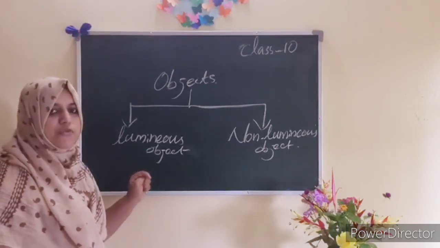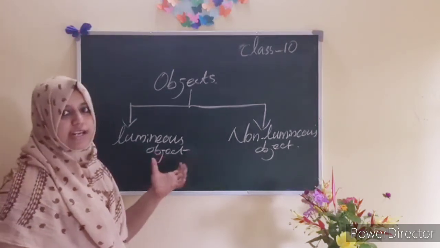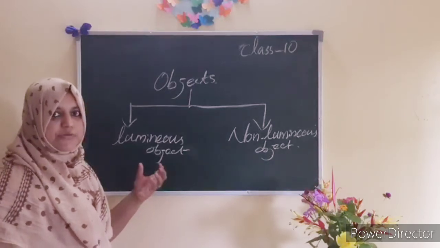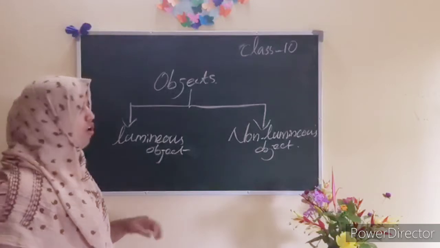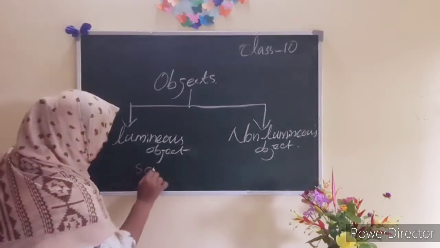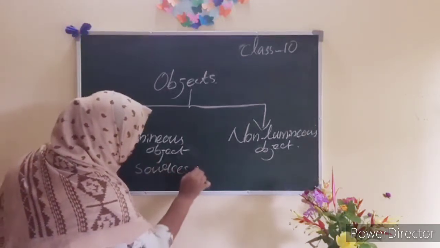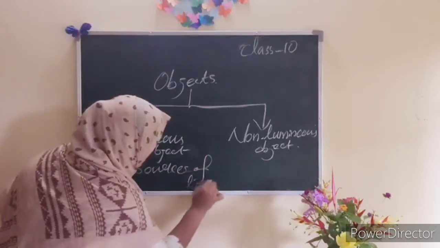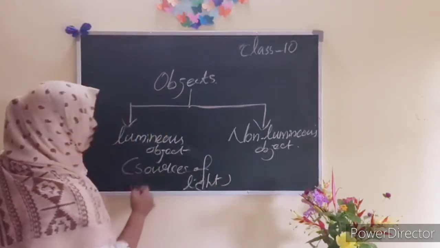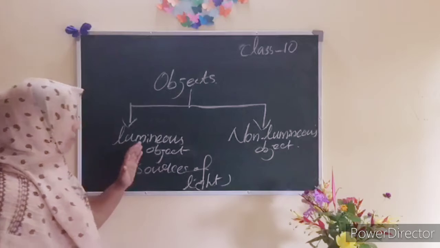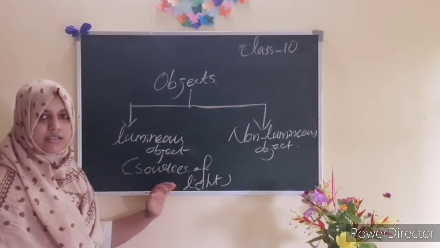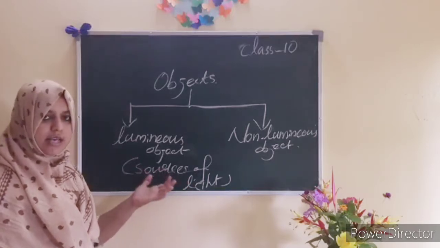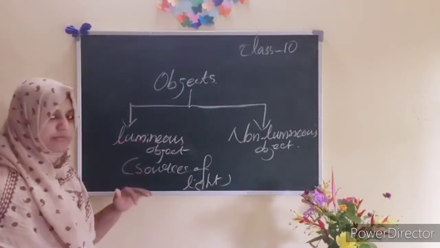The objects which emit their own light are known as luminous objects or sources of light. Examples of luminous objects are the sun and stars.